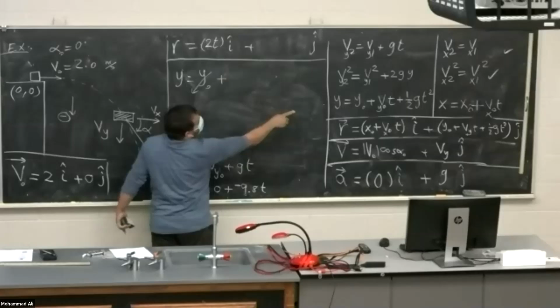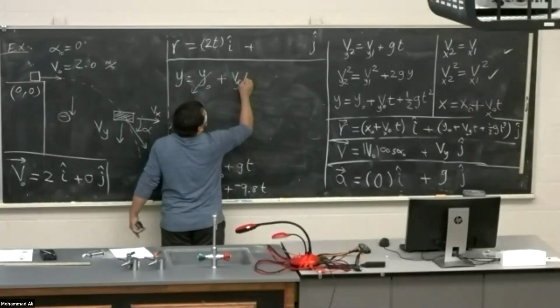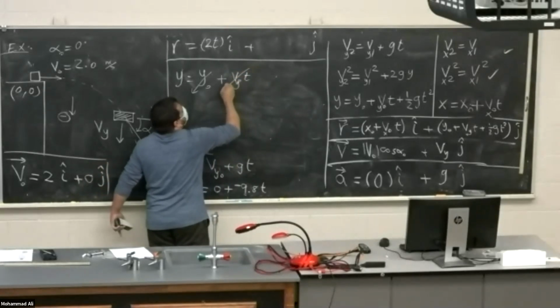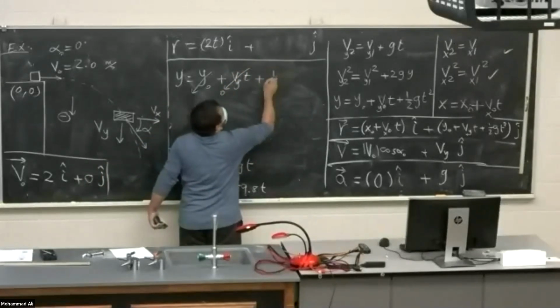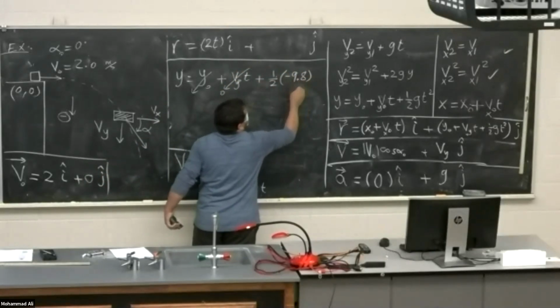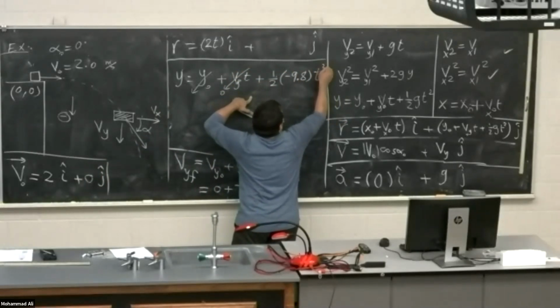Plus V naught y multiplied by T. V naught, if you remember, is 0 also. Plus 1/2 G. It is negative 9.8 downward, so it is negative, multiplied by T squared.